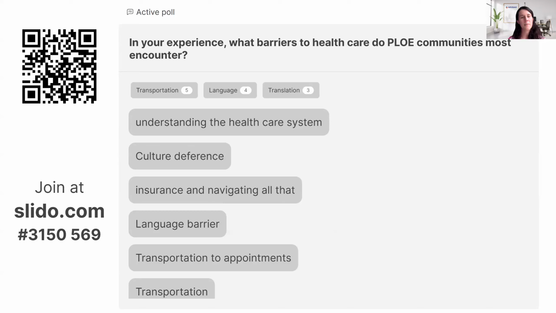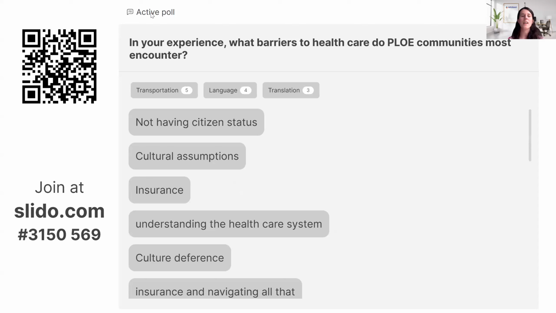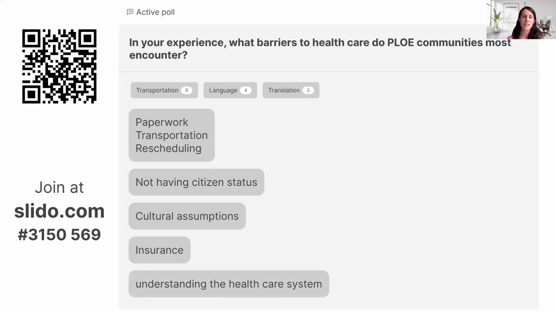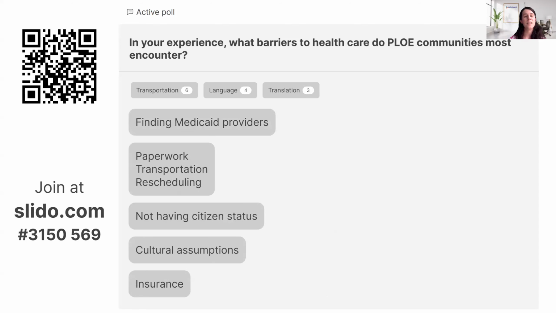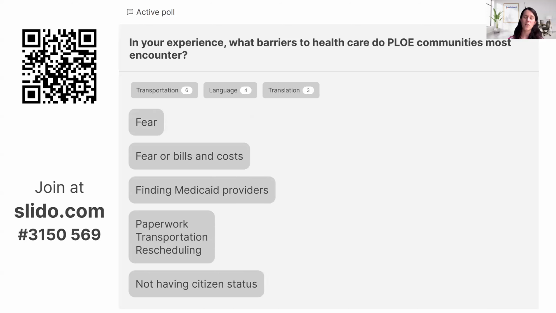Understanding the healthcare system, cultural assumptions, not having citizen status, rescheduling. Yes, that's a hard one when appointments have to be rescheduled. Finding Medicaid providers, that's also extremely difficult, especially for specialists. Fear is definitely a big factor right now.